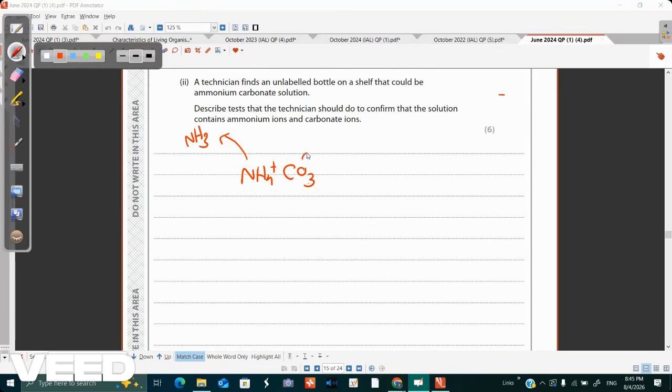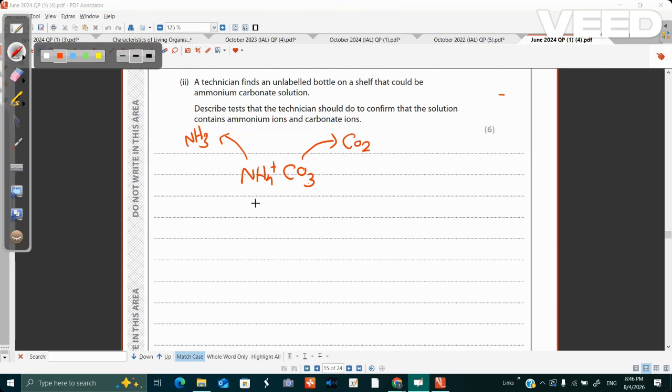And from the other end you can release the carbon dioxide gas. Right? But you have to test it separately.